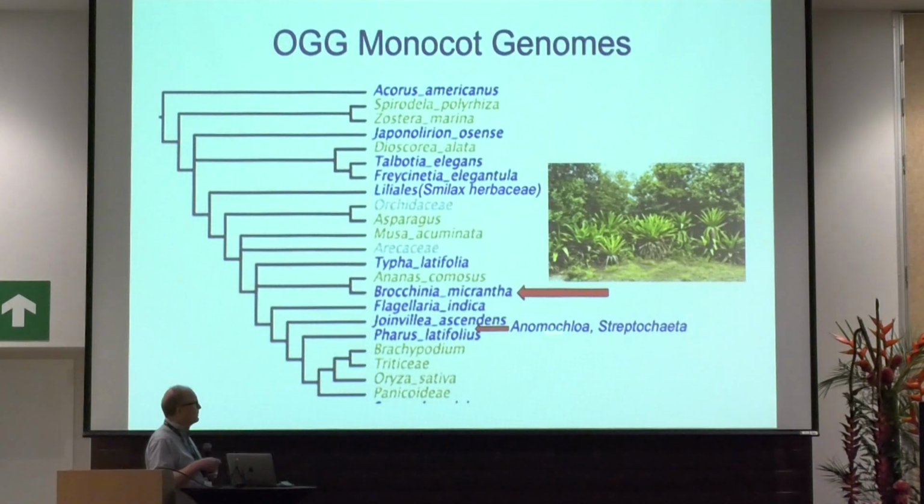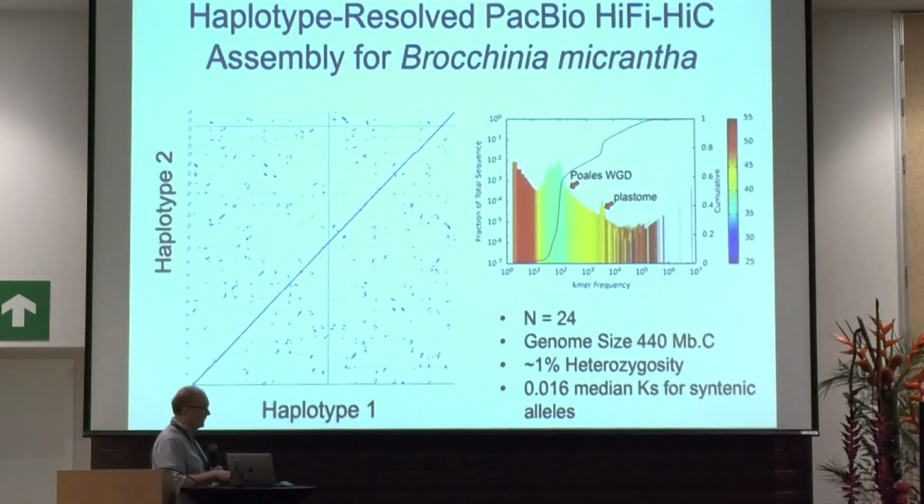We've also just recently added, with help from Lynn Clark and a postdoc in her lab, a couple of grasses. So here's the Brocchinia genome that we've generated.